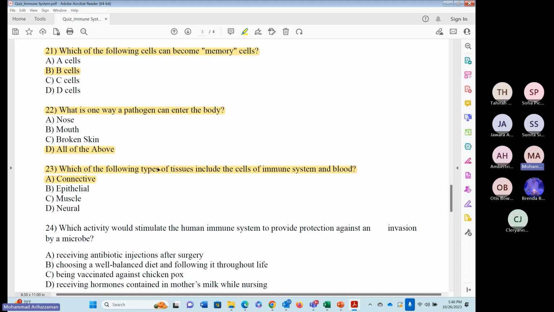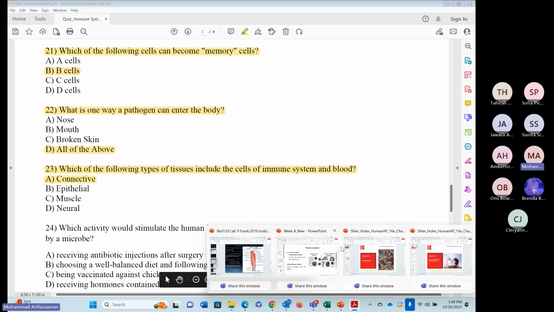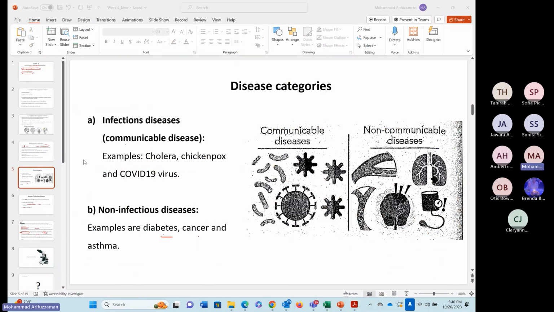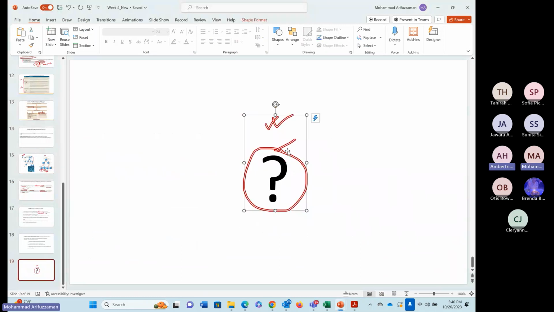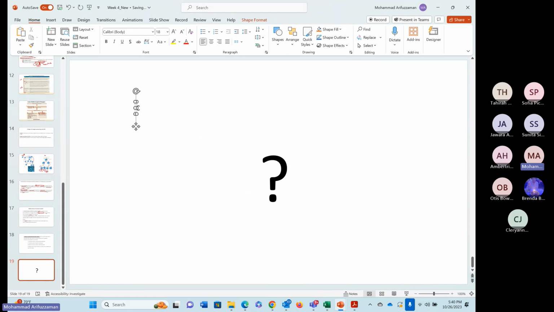Can you give any other examples of connective tissue? What are the special types of connective tissue? Let me write them here. What about adipose tissue? Yes, adipose tissue, which is fat, is a connective tissue.